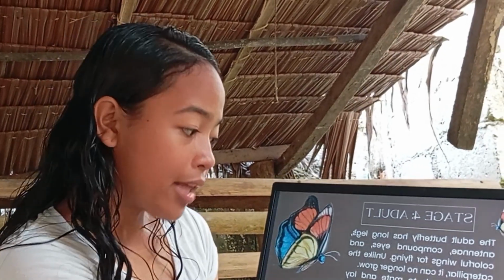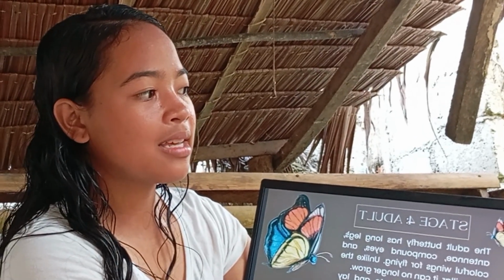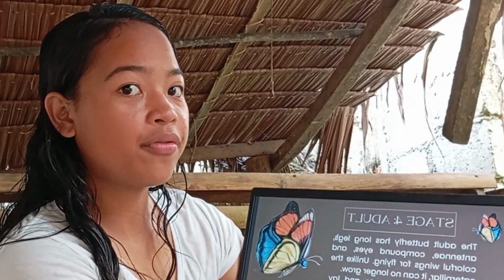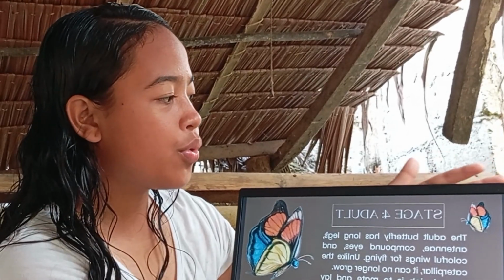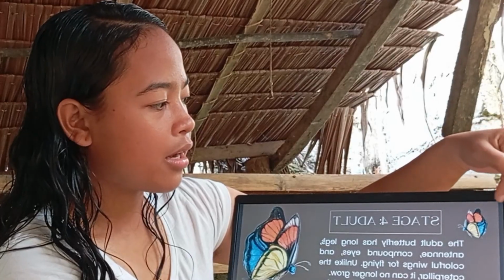Most adult butterflies live for only 1 or 2 weeks, while some can survive for several months. Usually butterflies live a short span of time, and only a few of them live longer.